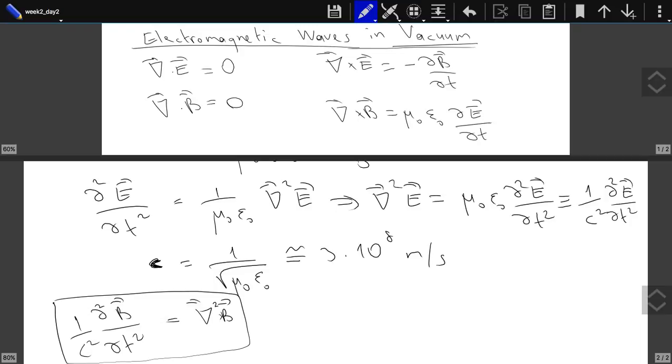So basically, it creates what we call a self-sustaining system. It doesn't need anything else. Because if the electric field tries to go to zero, you are creating a large B field.